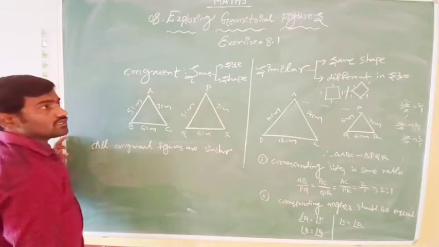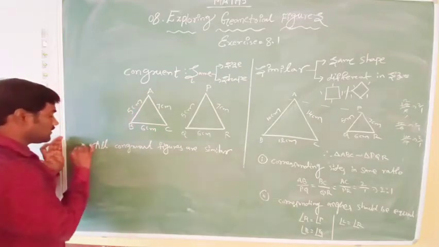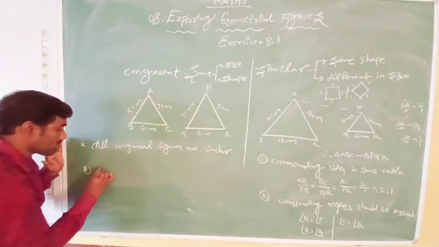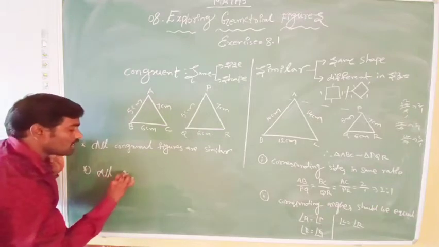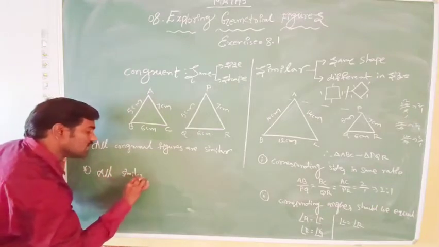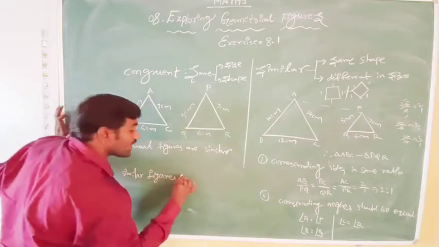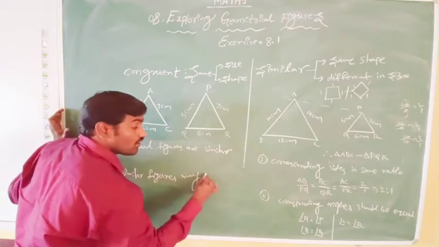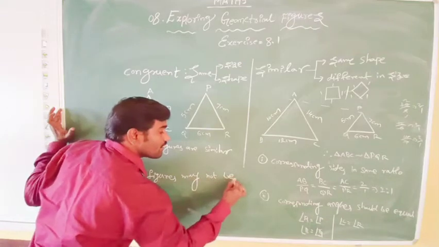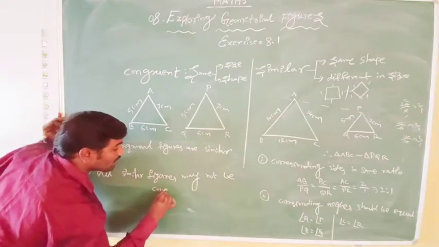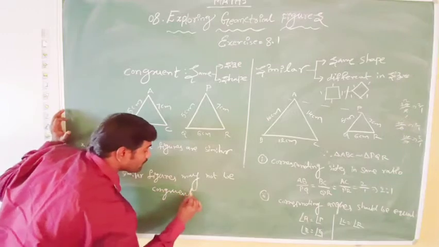All congruent figures are similar, but all similar figures may not be congruent. Why I use "may not be congruent", I will tell you now.